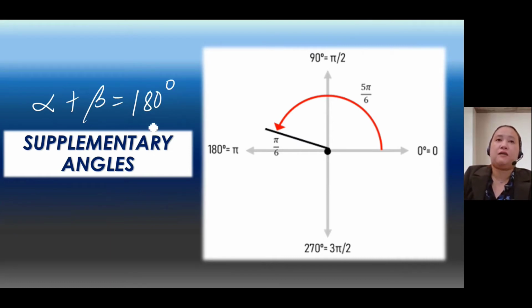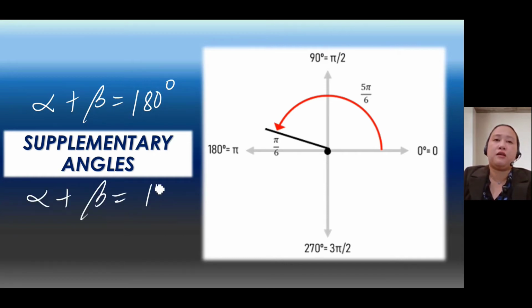But in radians, 180 degrees is equivalent to pi. Same procedure as in complement. The only difference is the sum, and just take note that the two angles should be positive.